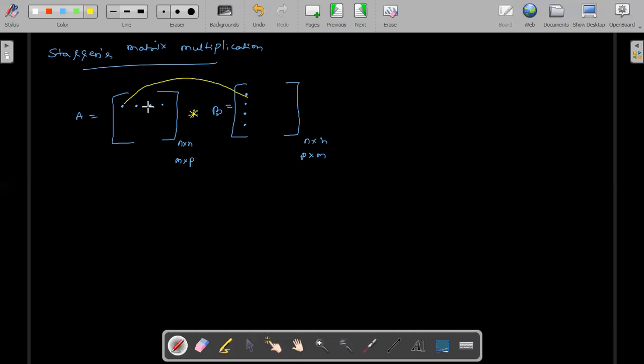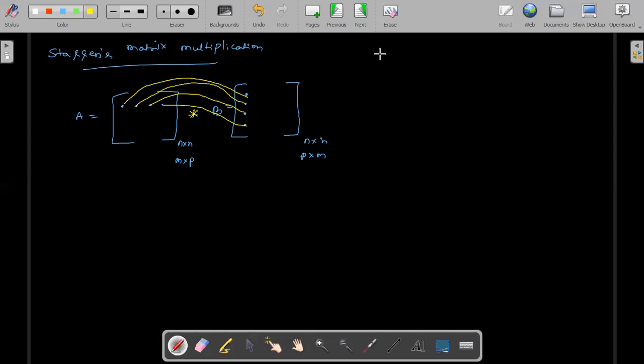After that, a12 with b21, like this. Everybody see it? This is the procedure we are going to follow. Here, the matrix must be a power of two. Yes or no? If the matrix is not a power of two, then what happens? We cannot add it.